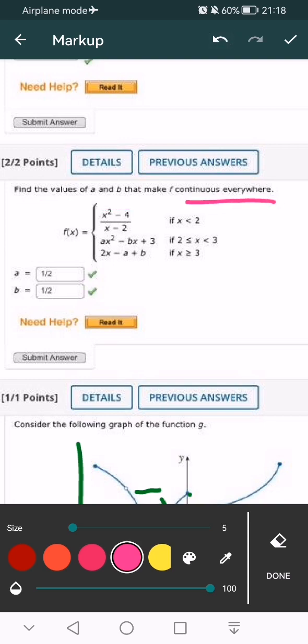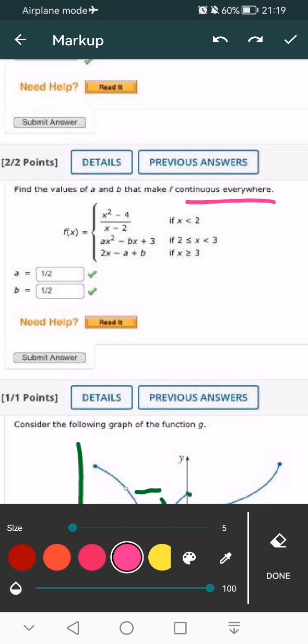When they say continuous, that means there is no discontinuity. For this type of question, this piece connects to that one, and that one to the other, all going together. Good.